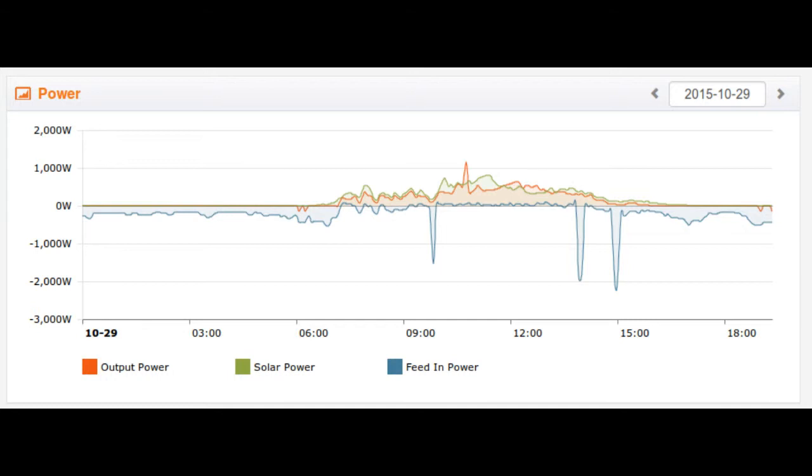And then again, that peak of power has gone away, and the amount of solar available is slightly above what we're using.